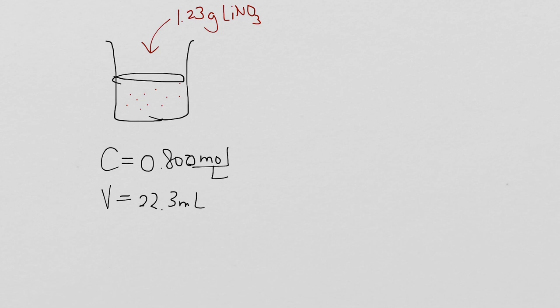What if you made a mistake and you didn't add this many mL of water? Then how would that affect your concentration? So let's say instead you added more water. So let's bring it to, I don't know, 100 mL.